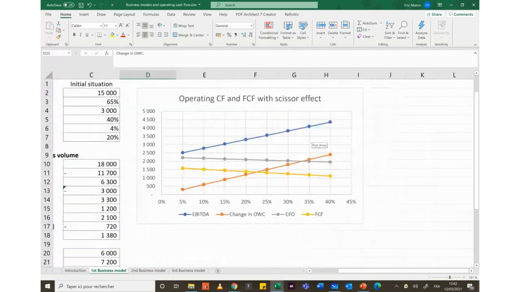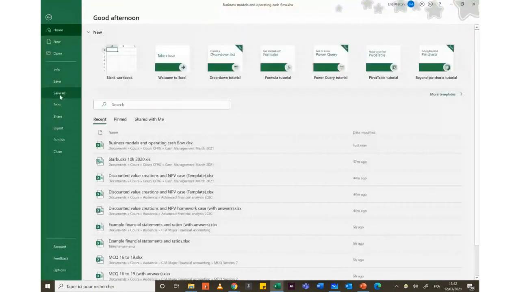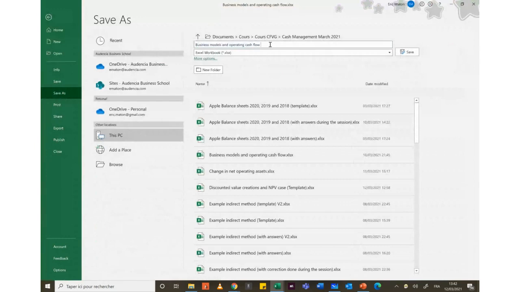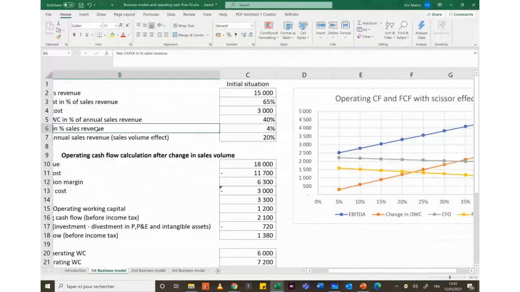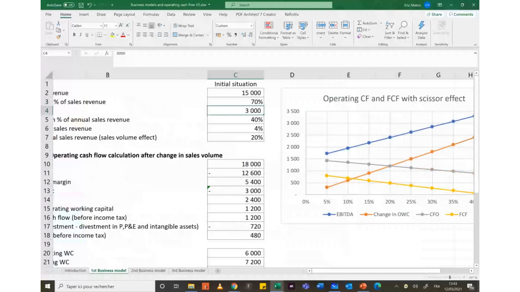In this situation, it's still positive, but I will save another version 2. Here, if we put more variable cost, 70%, it's not enough.